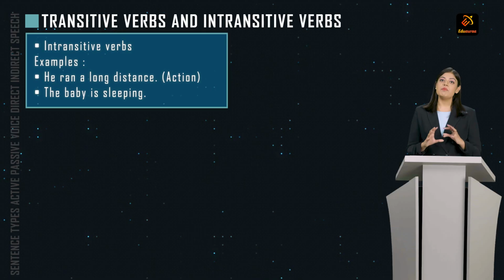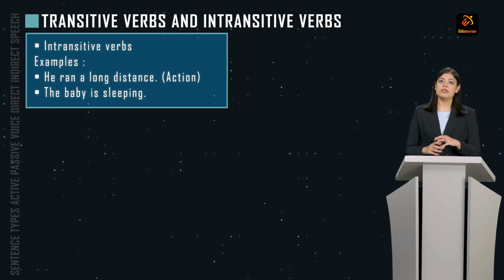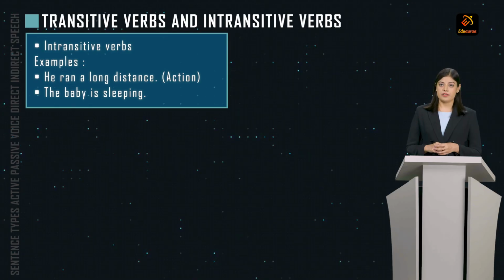It's just telling me more about the action of running. How far did he run? A long distance. So, in that sense, long distance actually becomes an adverb to the action ran. It's not an object. There's no object in this sentence, so ran becomes an intransitive verb.